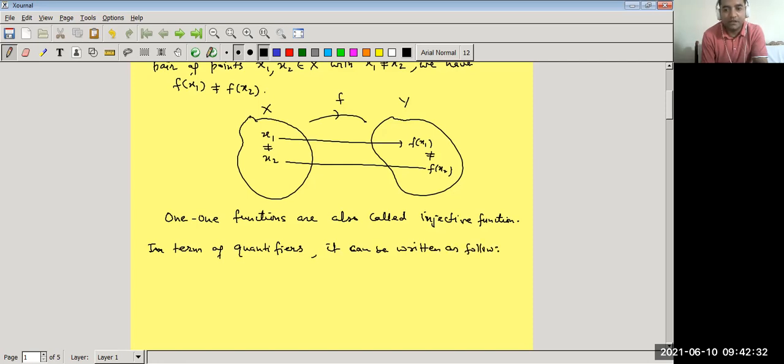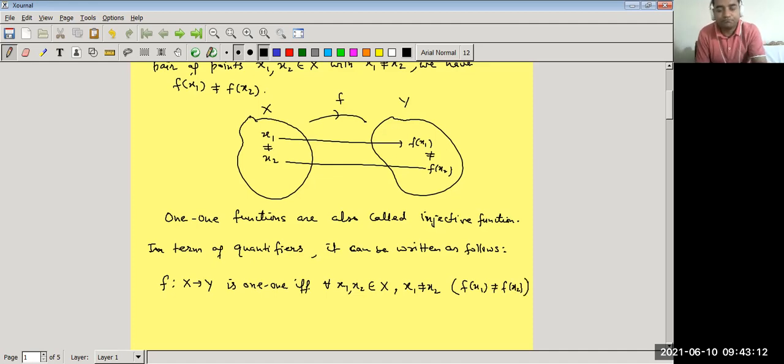So how we can write the definition of one-one function in terms of quantifier? f is a mapping from x to y, x and y are two non-empty sets, is one-one if and only if for all x1 comma x2 belongs to x, you can take any x1 and x2 from the domain x with x1 is not equal to x2, such that f of x1 is not equal to f of x2.